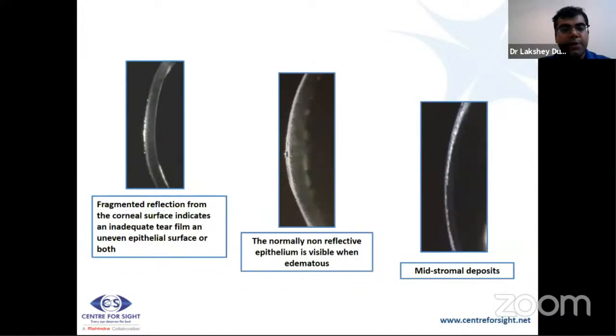In the first image, you can see a fragmented reflection from the corneal epithelium, suggesting an inadequate tear film or an uneven epithelial surface. The second image shows a non-reflective, thickened epithelium due to edema. The third image shows mid-stromal deposits in the corneal stroma.